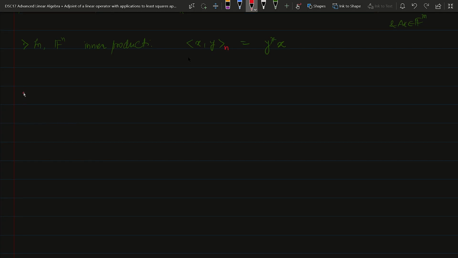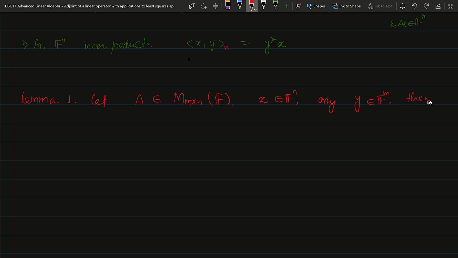Okay, so based on these two concepts, let me define two lemmas. Lemma 1 says: let A be an M cross n matrix over the field F, and suppose x is any element from Fn and y any element in Fm.